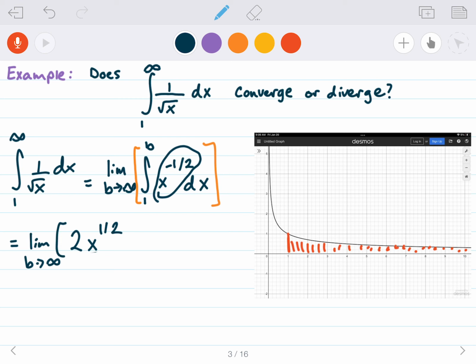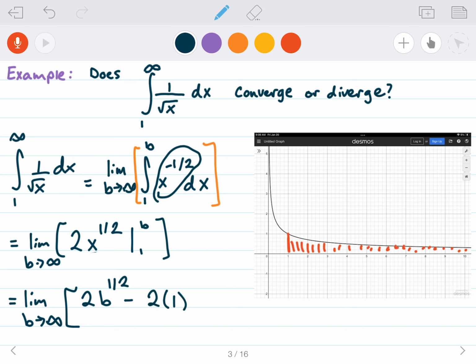And I'm going from 1 to b, and so I'll keep that limit on the outside and evaluate this definite integral on the inside. And when I do that, I get 2b to the 1/2 minus 2 times 1 to the 1/2.